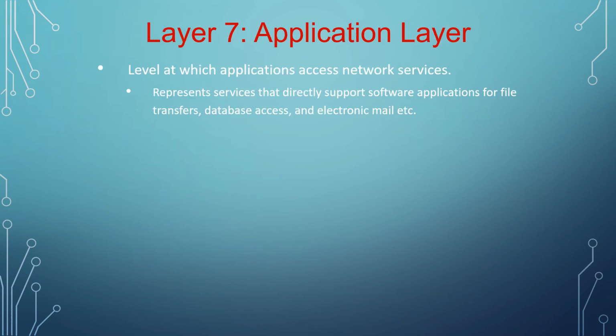Let's start with the topmost layer, the application layer. The application layer is used by network applications or services. Services that directly support software applications for file transfer, database access and email etc. Means a computer application that uses the internet, like Chrome, Firefox, Skype etc.